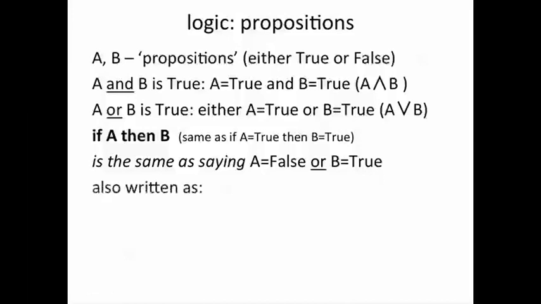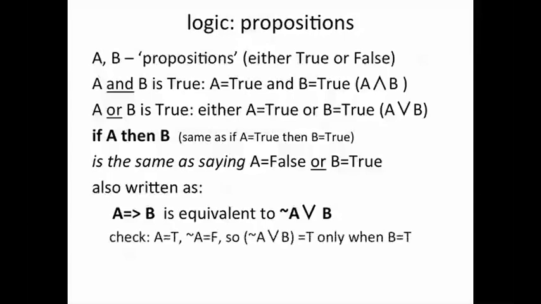This can also be written as A implies B is equivalent to not A or B, which is just the same as A is either false, which is not A being true, or B is true, which is just B. Let's go through it again. A implies B is the same as not A or B. Very important, critical aspect of reasoning.